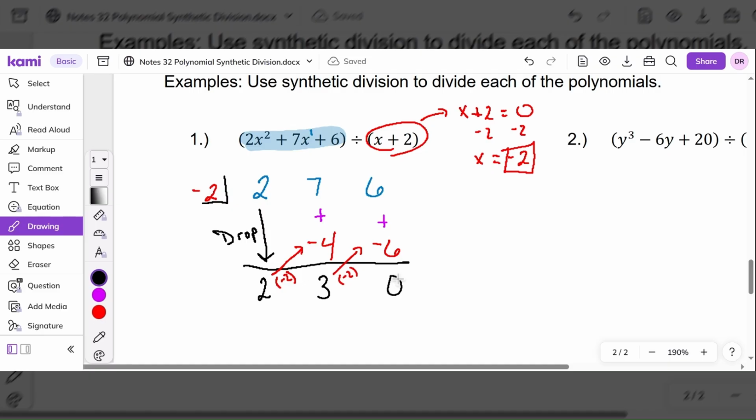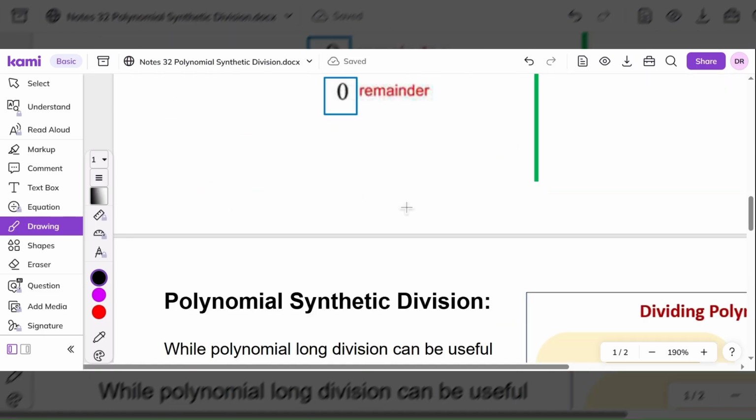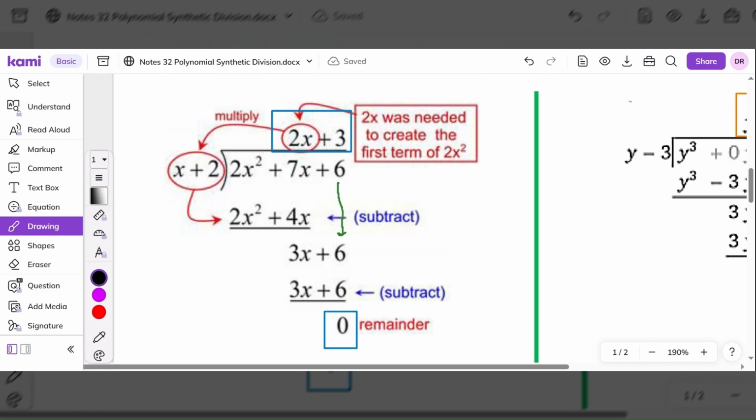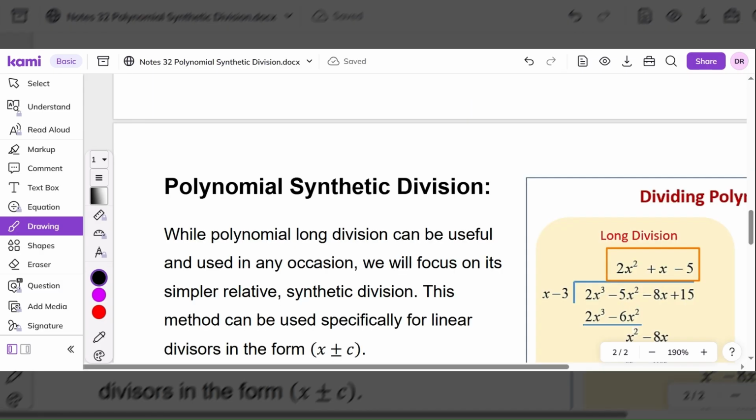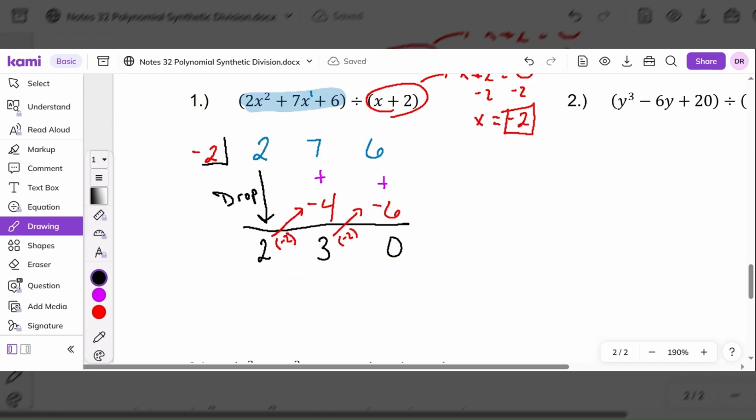And now we need to know what those mean, okay? So if we take a look back up here on the front page, you see how there was a 2 in our answer, and then a 3, and then a 0 at the end. Those are the 3 numbers that you just found using synthetic division instead of long division. So if we go back here, here's what just happened.